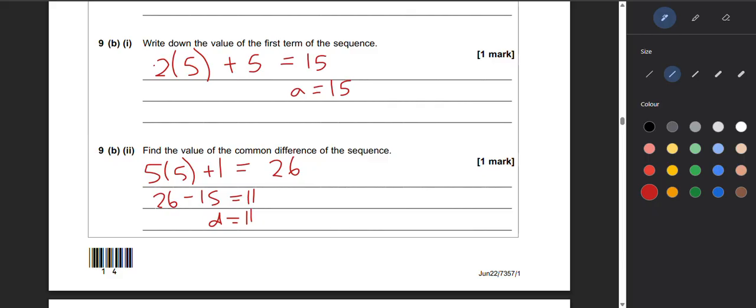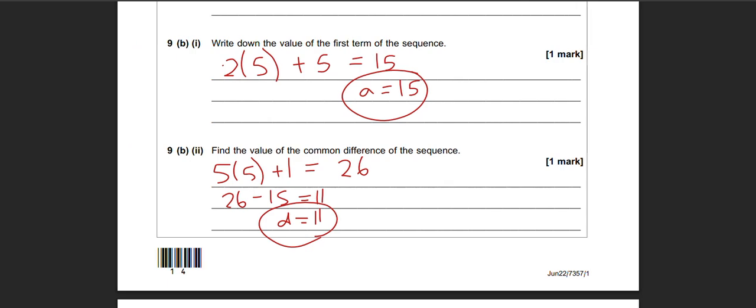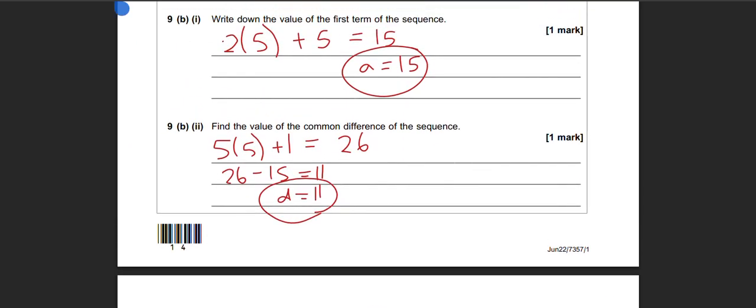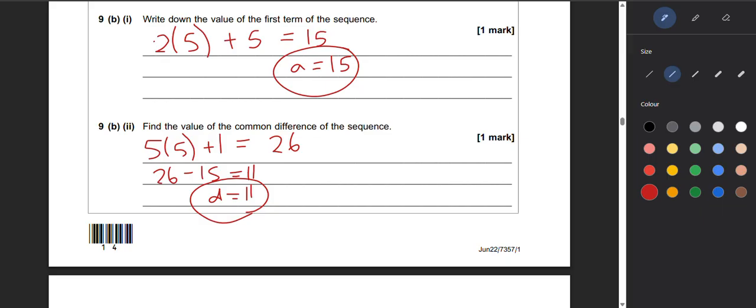And then if you want to make sure you're right, you can check that by finding the third term and checking if the common difference is again 11. Sorry, I realised the circle I put around that obscures the number. So why not? Let's do that. It's not going to take us very long. So 6x plus 7, so it's 6 lots of 5 plus 7.